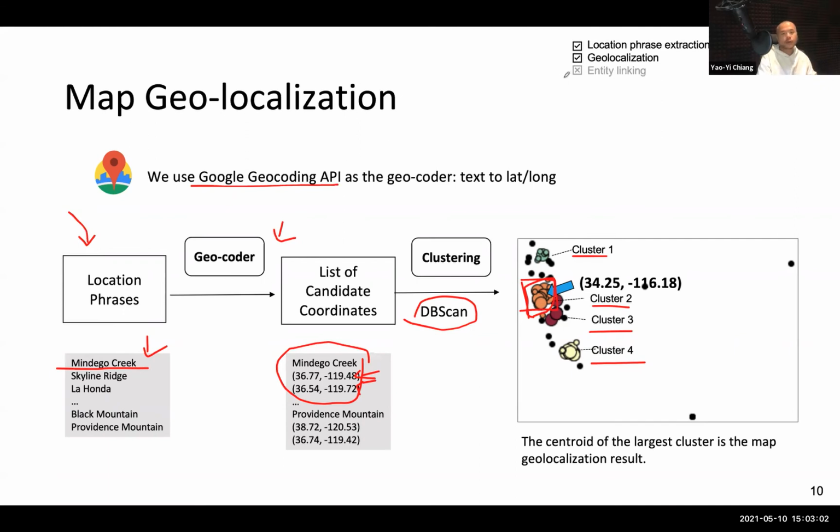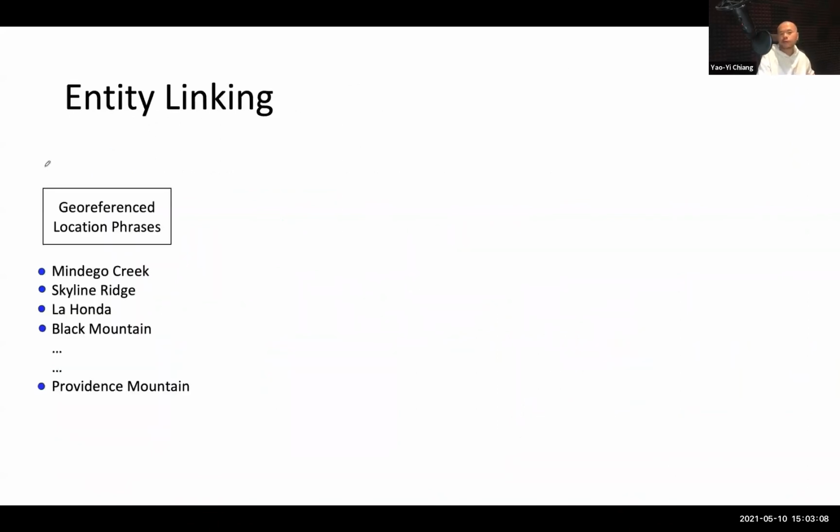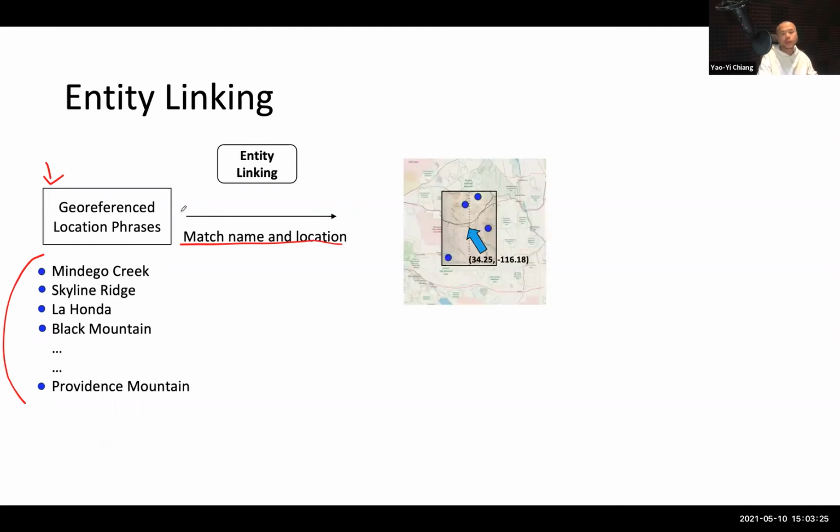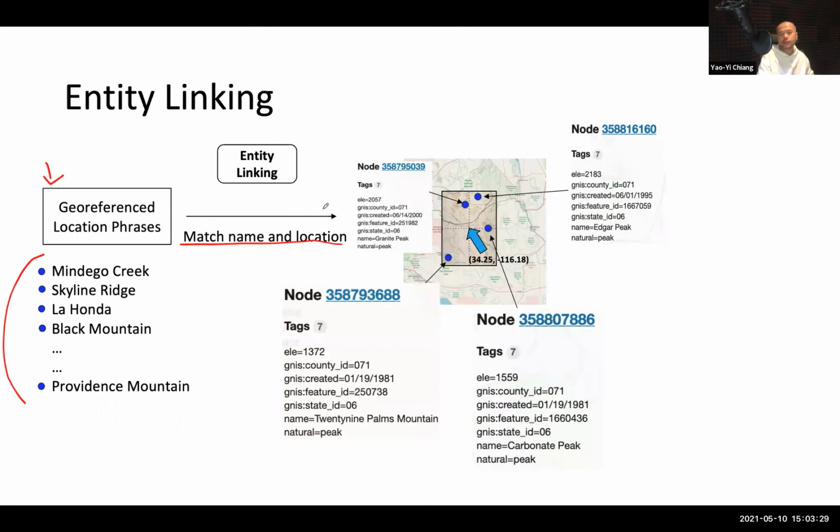The next component is entity linking. Now remember we have georeferenced all the location phrases. We have Mindego Creek, again, all the names, but now we have their geolocation. So the entity linking component is very simple. We just match name and location of the location phrase to an external database. In our case, we use LinkedGeoData. And you can see if we can find a match.